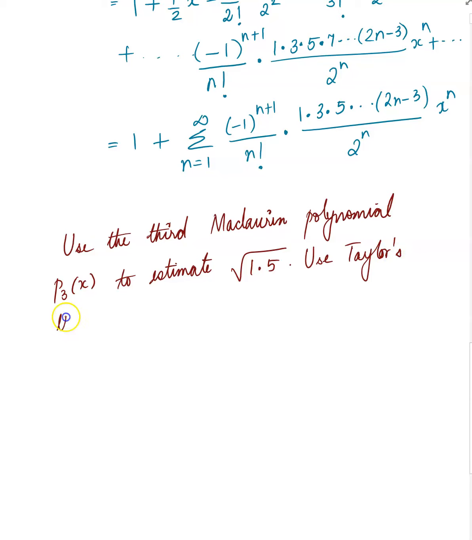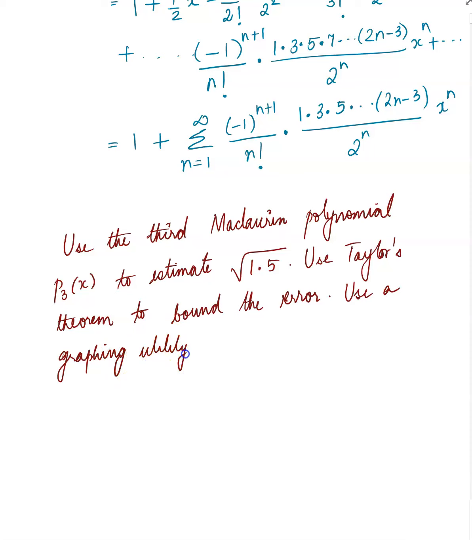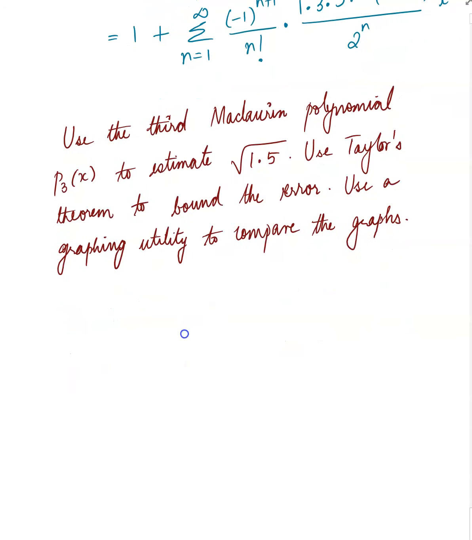Use Taylor's theorem to bound the error. Use a graphing utility to compare the graphs. All right, let's begin with P3.